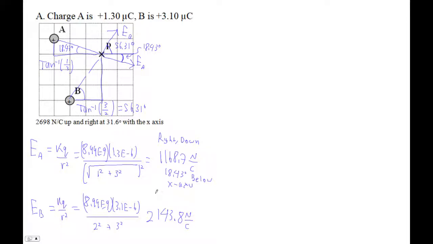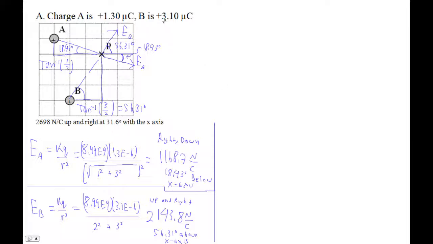And this one, so let's keep it all separated, this one is up and right, and it is 56.31 degrees above the x-axis. I find it's very helpful to do this because I'm such a spaz. I'll often mix these, like this number with that number. It's like, oh, that's so sad. Because you do all this work, right?